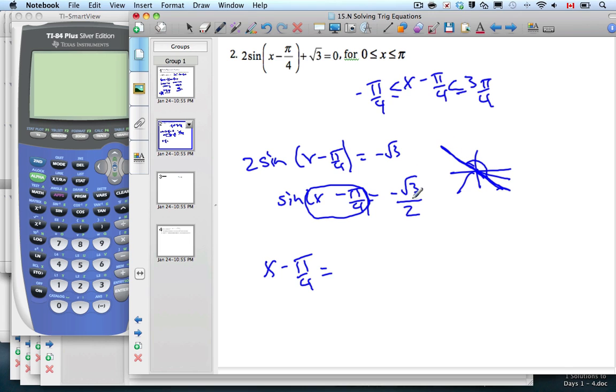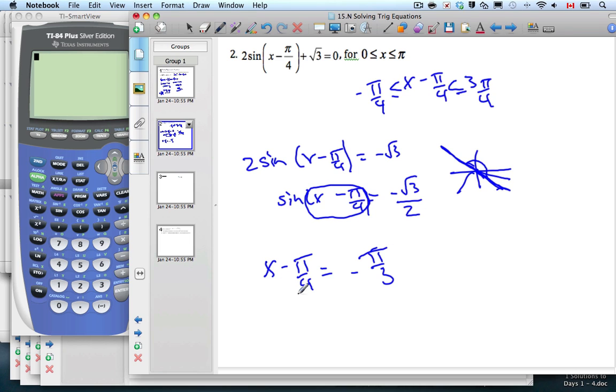So we can just ignore that third quadrant. And so my reference angle is going to be pi by 3 when sine is root 3 over 2. So it's pi by 3. And the only one that satisfies it being negative is the one in the fourth quadrant. So it's negative pi by 3.